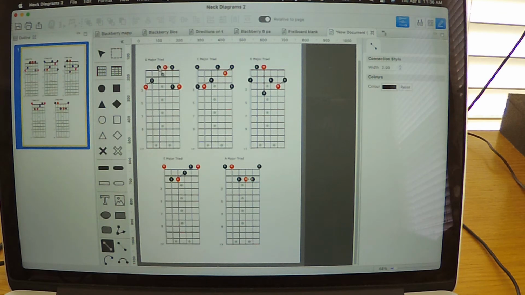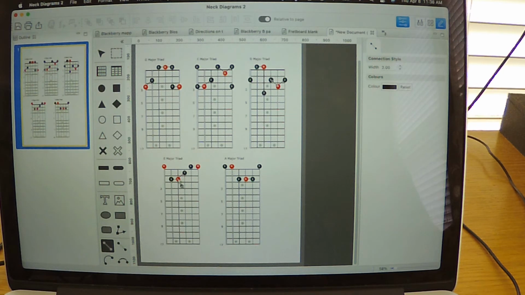Fifth and root, they're parallel. Fifth and root, fifth and root, fifth and root. Hey, here's our different one. When the fifth is on the G string and the root is on the B string, you have a diagonal in this direction. Fifth and root, another parallel. Fifth and root, there's that reverse diagonal again.